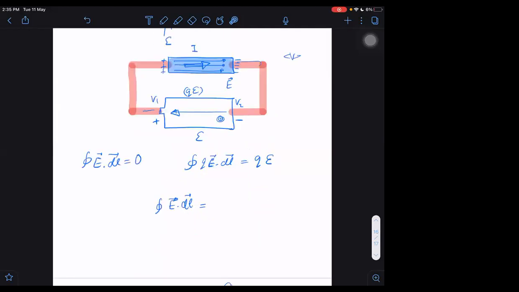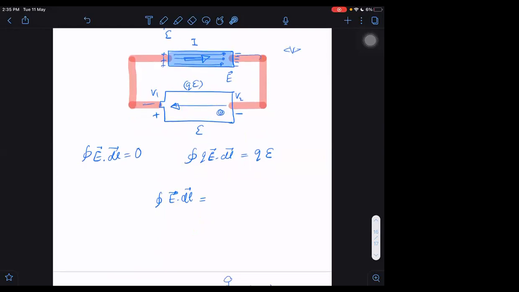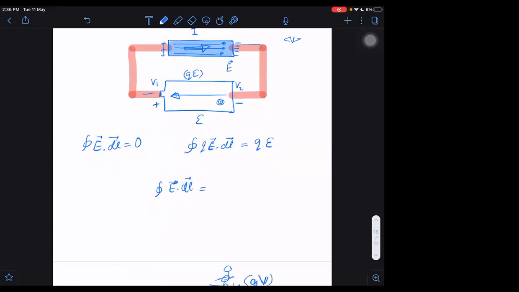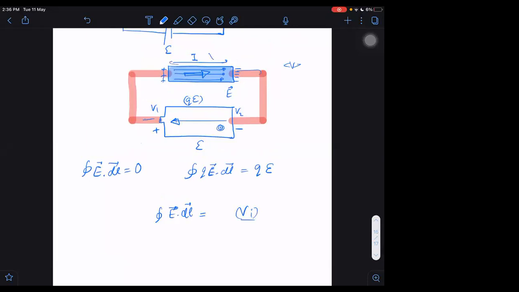Here also, what is happening overall, while these charged particles are moving from here to here, is that the internal energy of this cell is being converted into heat energy. What is the heat energy dissipated? It is equal to VI, where V is the potential difference across the resistance, or I square R, which is the power consumed.